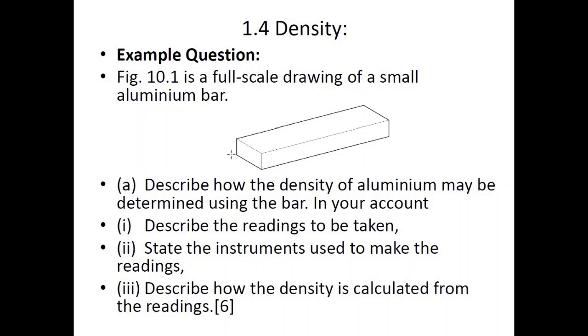This is an example question. This is a bar of aluminium, and you have to describe how the density of aluminium may be determined using this bar. Remember that when we find the density of a small piece of a metal, it is generally the same as the density of any other piece of that specific metal.